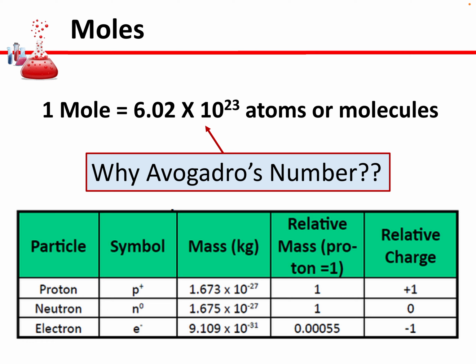All right, so start with what you have. What do you have? 2.4 moles of K2HPO4.